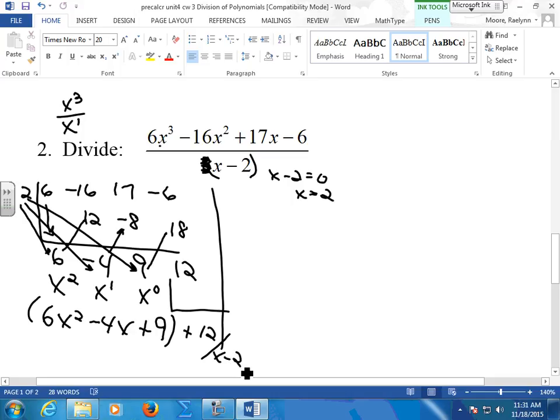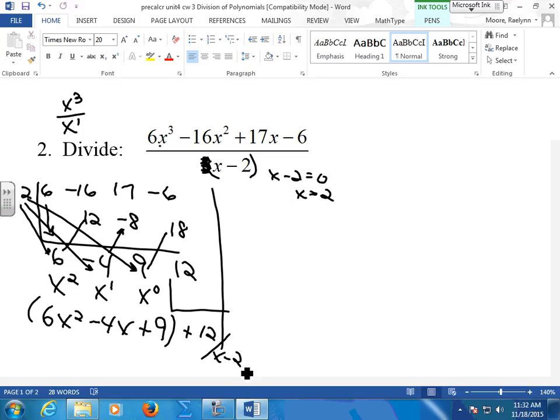Now if I multiply this guy, 6x squared minus 4x plus 9 times x minus 2, and then I added in 12, I would come out to what I have on top. A nice way to just check is just to eyeball your first position. 6x squared times x is what? 6x cubed.